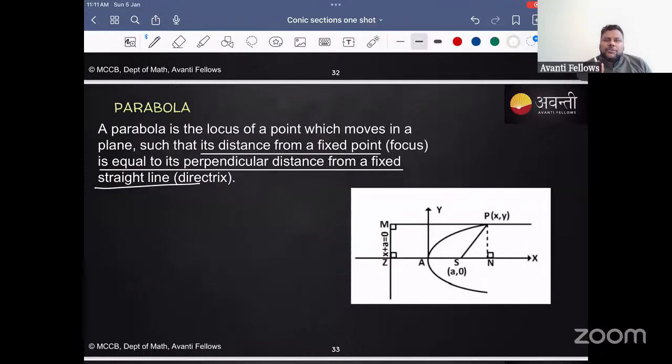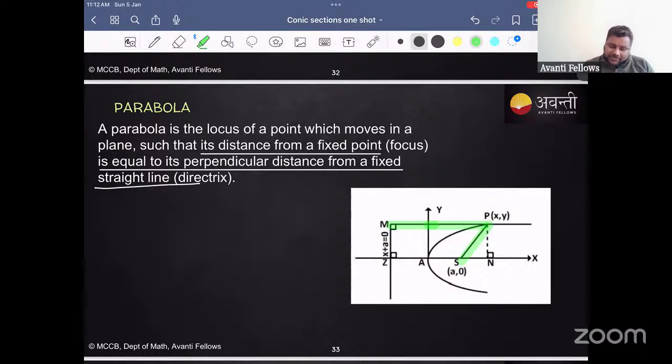So the locus of a point moving in a plane such that its distance from a fixed point, this PS, is equal to its distance from a fixed line, that is PM. So PS is equal to PM.